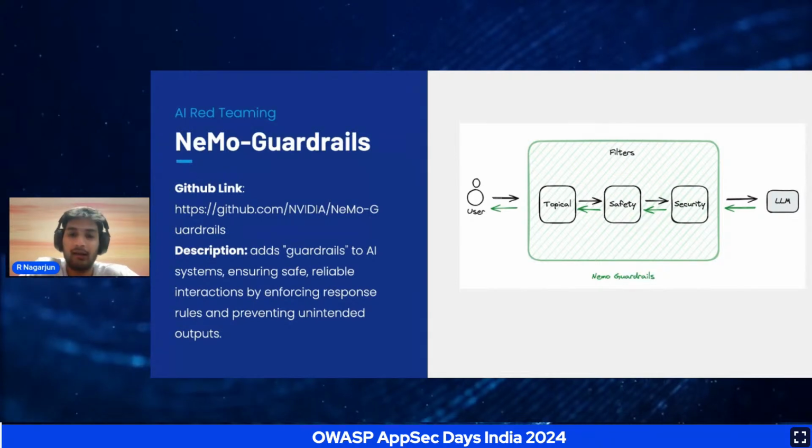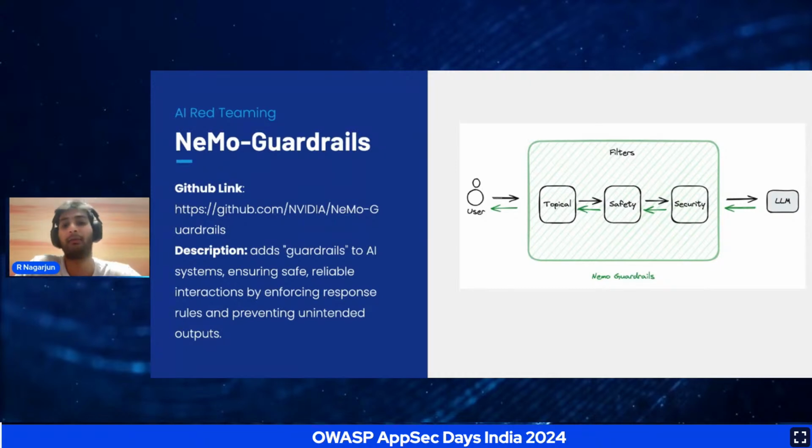So NeMo Guardrails is a Python-based library. I'll show you the demo in a while. You can actually use it to make a protective layer or a security layer around your model. It has three basic functionalities.